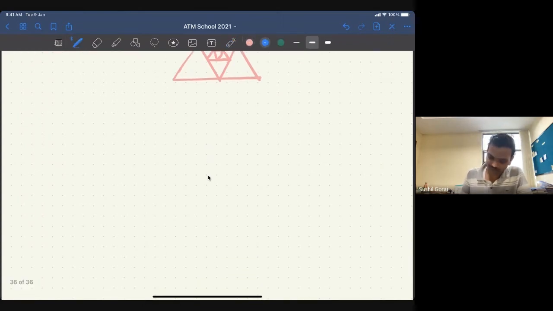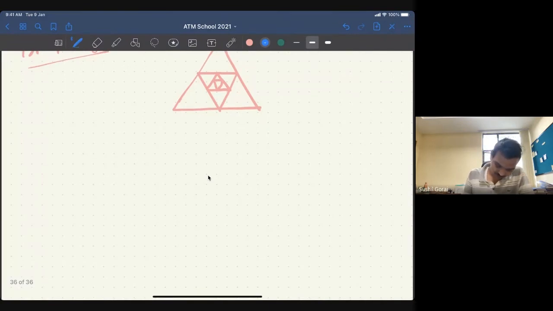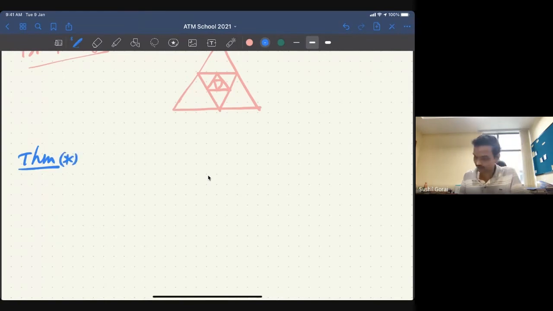So let us prove a generalization of the previous one. This is another theorem, and we'll use it today itself, so let's call it star.